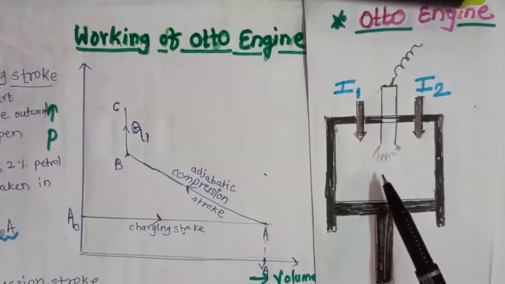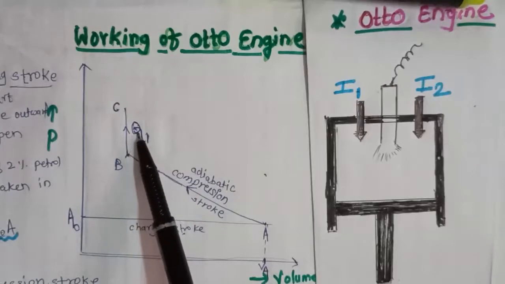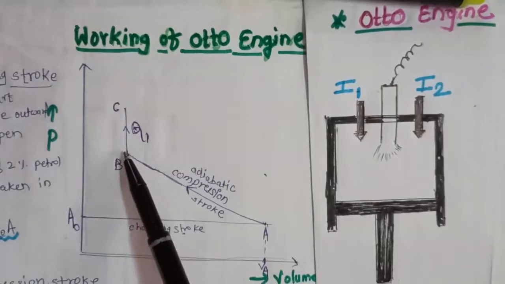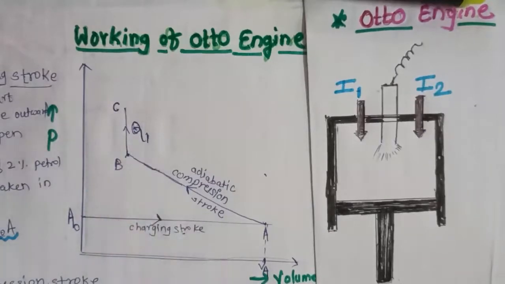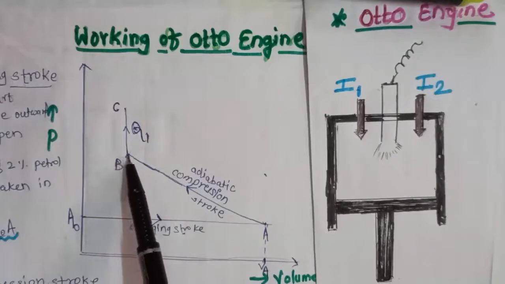A little explosion takes place inside the cylinder, and an amount of heat Q1 is produced inside the cylinder, and this change is represented by line BC. Due to the little explosion, the temperature inside the cylinder is about 2000 degrees centigrade. Temperature increases by passing electric current, and the change is represented by line BC.